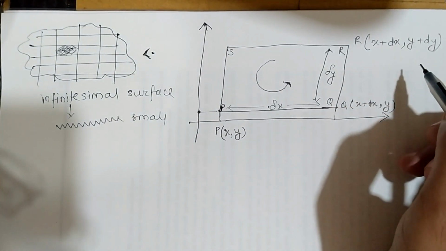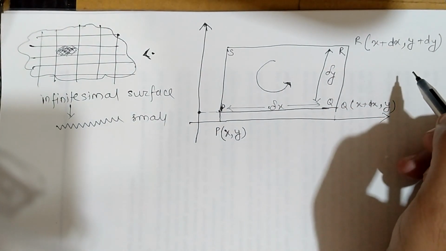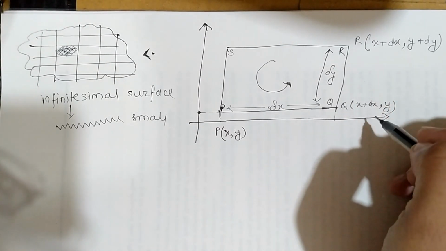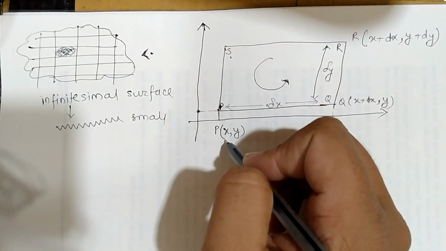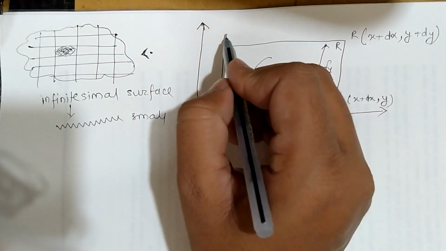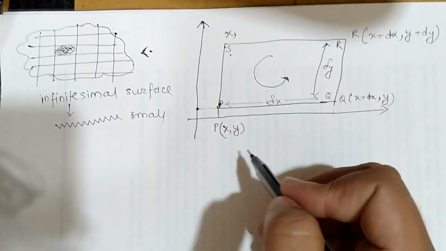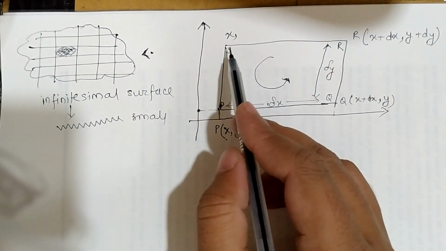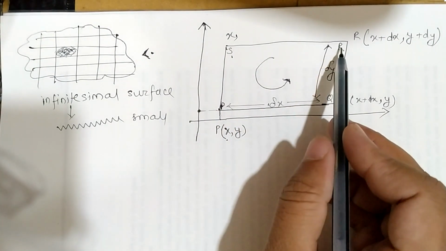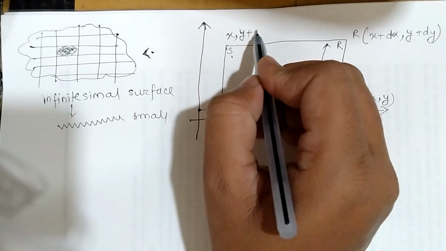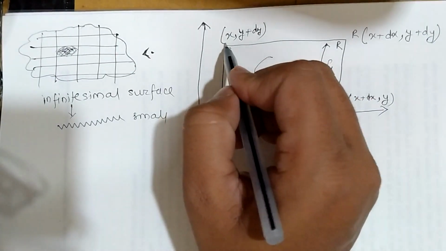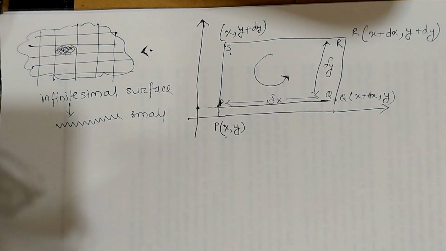Similarly, for the point S, the x coordinate will remain the same, and the distance is the same as for R, which is y plus delta y. So this will be the coordinate of the point S.